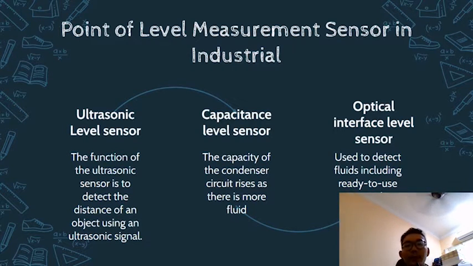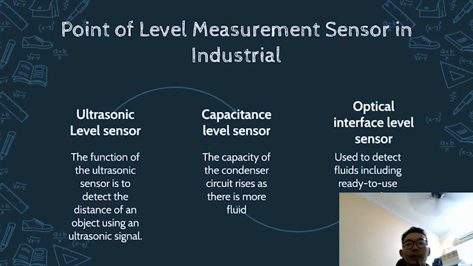Ultrasonic commonly has two main components, which are the trigger and echo. If there is an object, the trigger will operate and will reflect back to the echo.